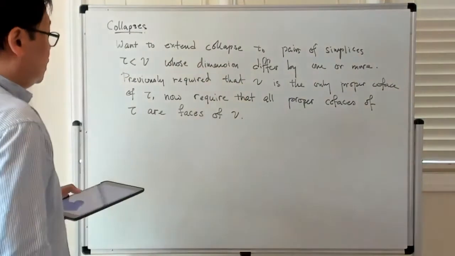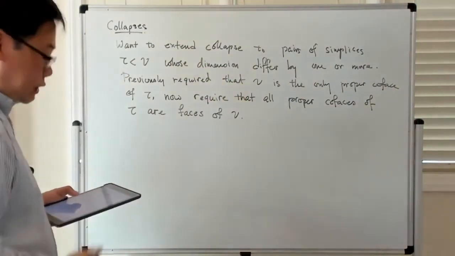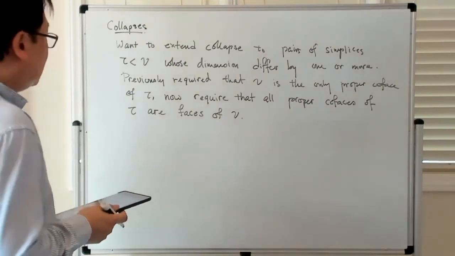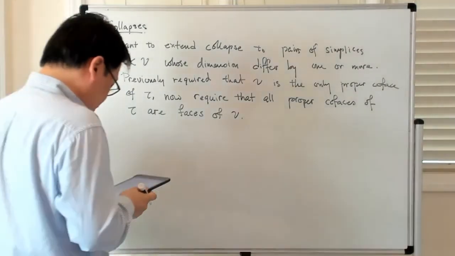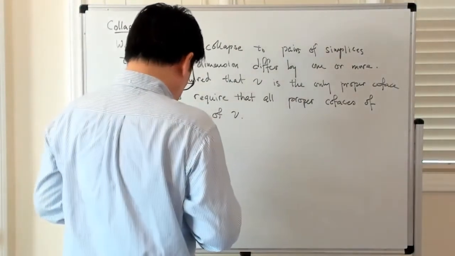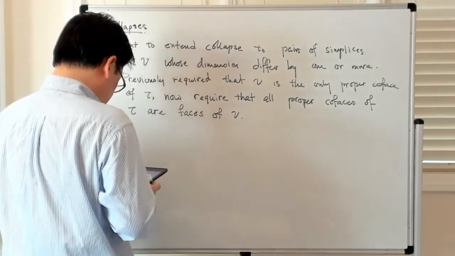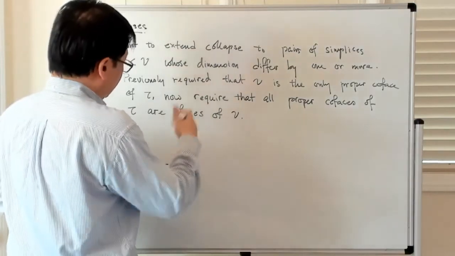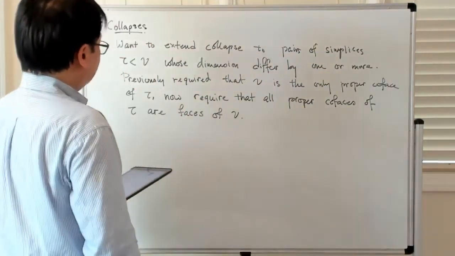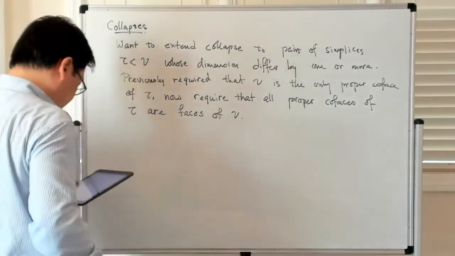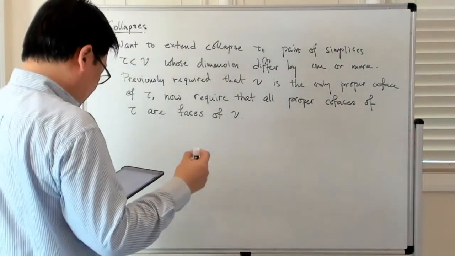If you do that, we're still in a situation where you can do this idea of collapse. And as you might expect, the idea is to find some sequence where you are contracting things.